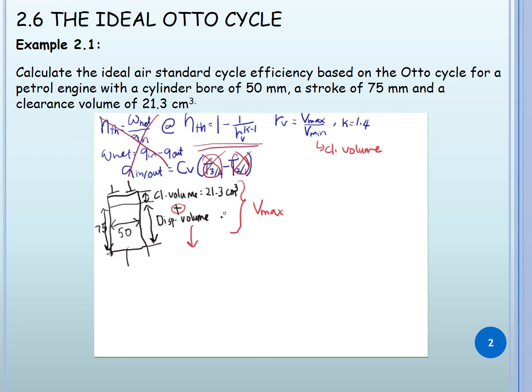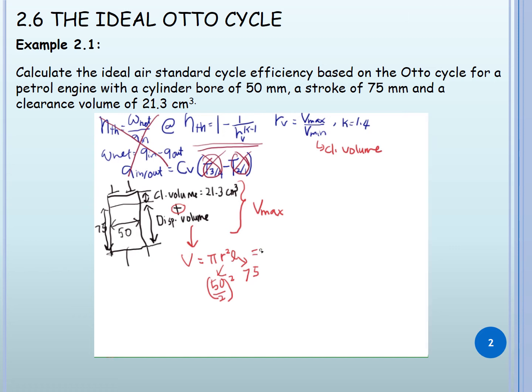Now for the displacement volume of the cylinder, we just need to calculate the volume of the cylinder. The volume of a cylinder is pi r squared L. R is 50 over 2 and L is 75.